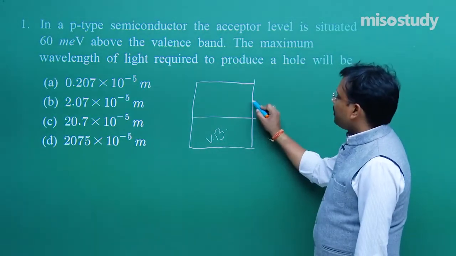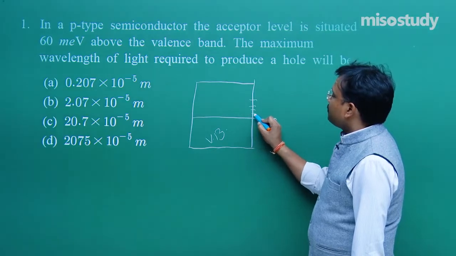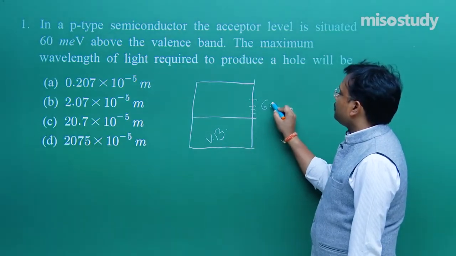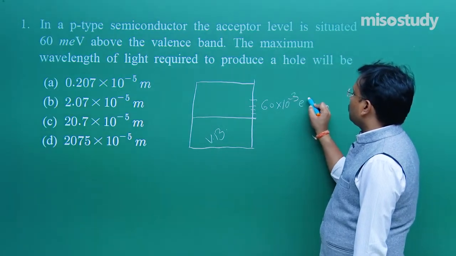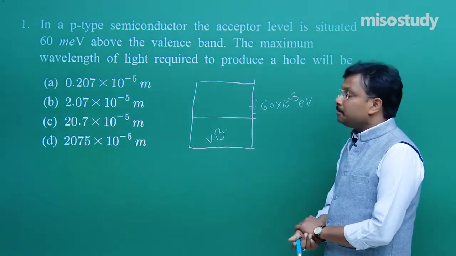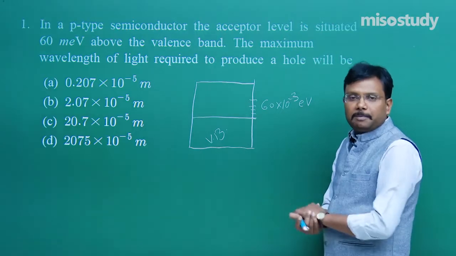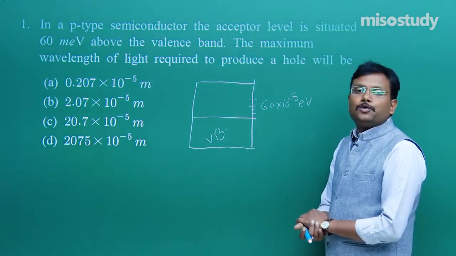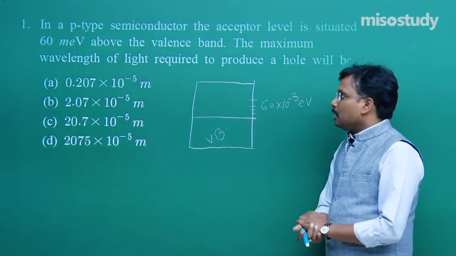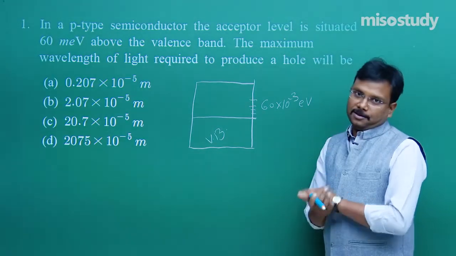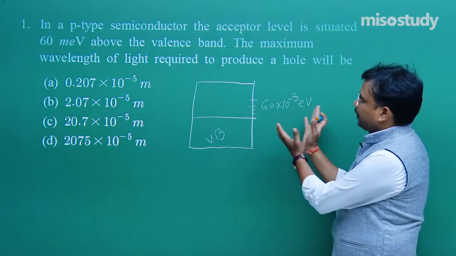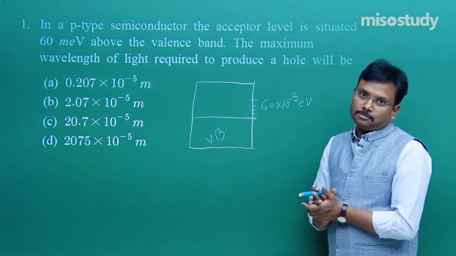So basically the energy gap is given, that is 60 into 10 to the power minus 3 electron volt. We can convert it to joule by multiplying it with 1.6 into 10 to the power minus 19 coulomb. We are supposed to find out the wavelength associated with this particular energy value.